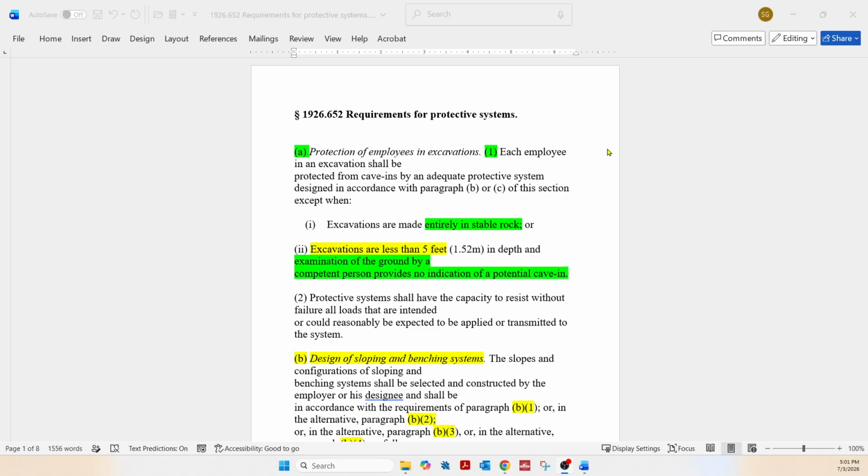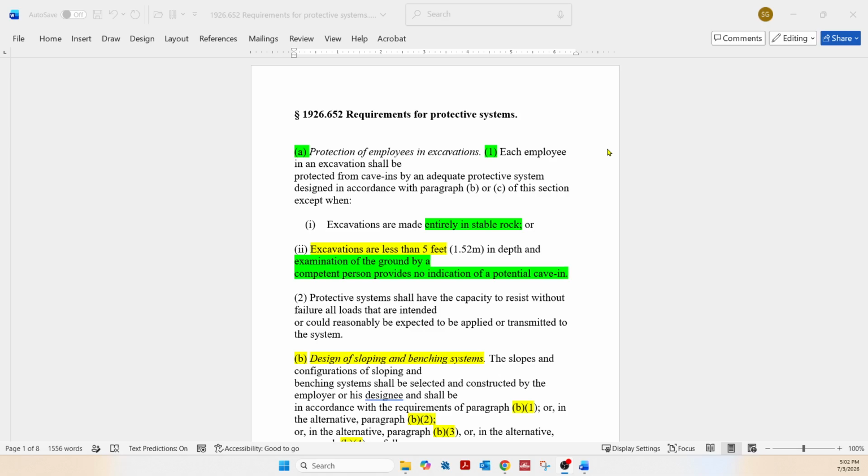Definitions are also in section 650, and you have access to those. There are probably 20 or so in there, and they range from accepted engineering practices to stable rock and all in between. It would be good to know those. I don't think they're going to show up that much on any of the tests, but anyway, back to the week 6 assignment, and we're going to focus on 652, which are the protective systems.